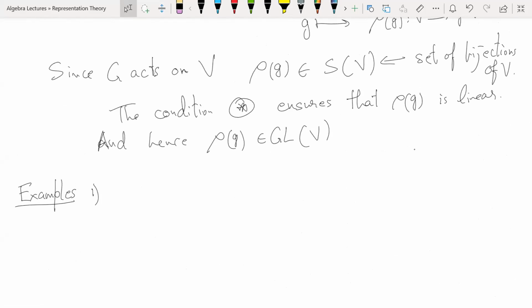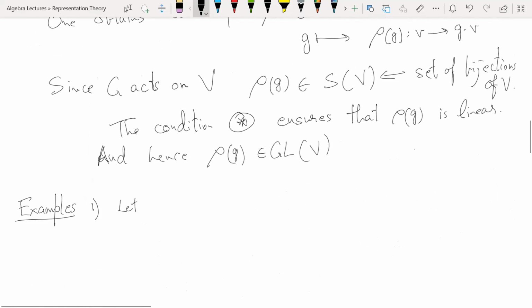We'll keep the group arbitrary, but keep the vector space somewhat simple, so one dimensional. So let V be a one dimensional vector space, so let V be C. It's the base field, and G a finite group.